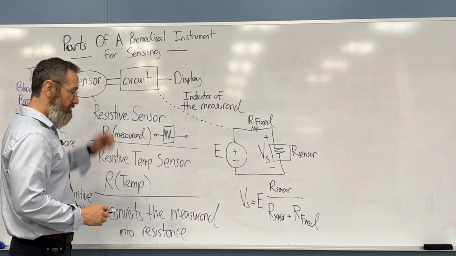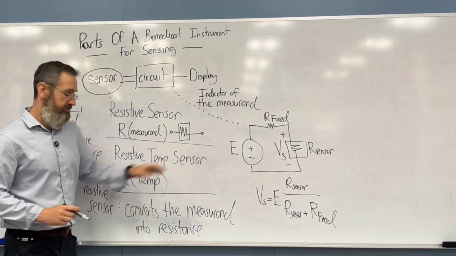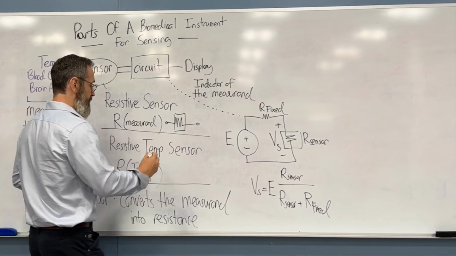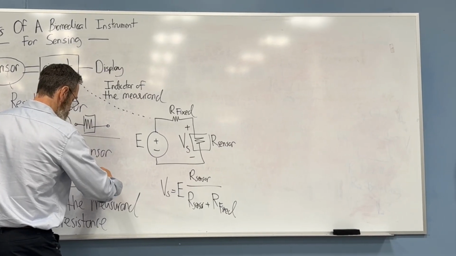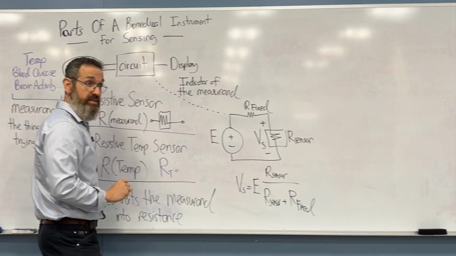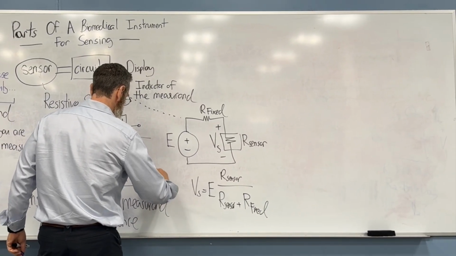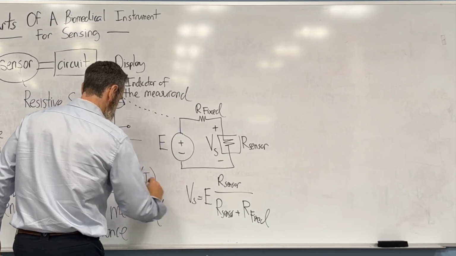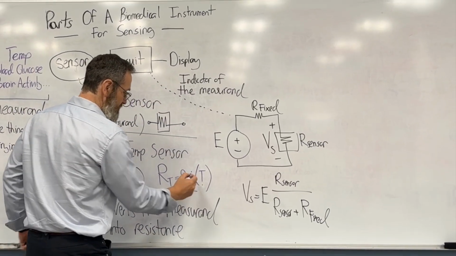Let's imagine that we're still thinking about temperature, and I'm going to say that this particular resistor, I'll call it RT, is equal to something very simple. Let's say alpha times the temperature. This is the measurand, and this is some constant.